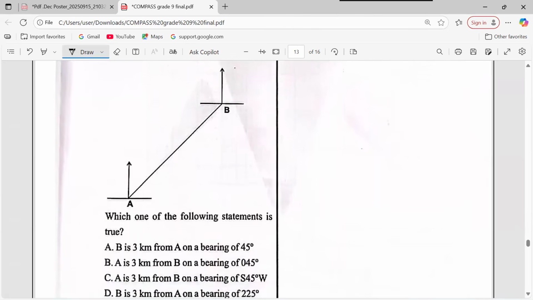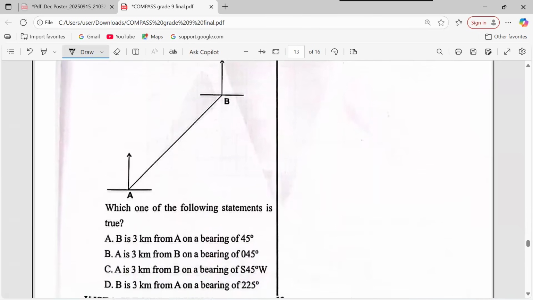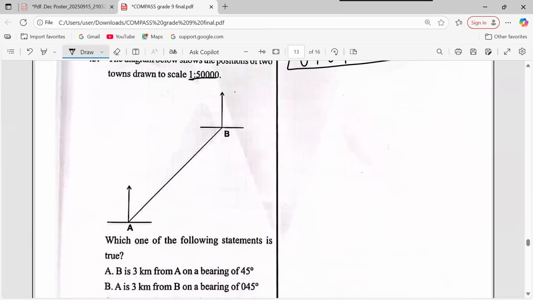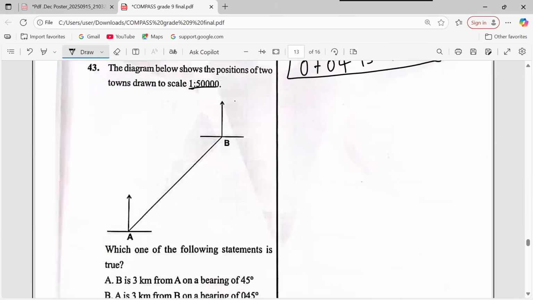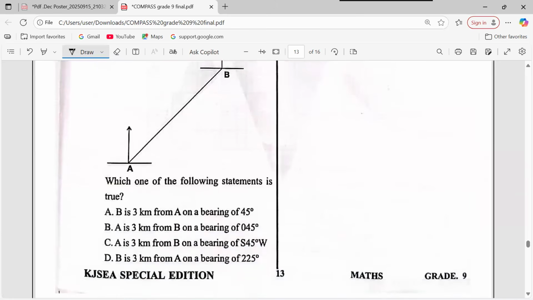And therefore, in just a minute, we'll be able to talk about this angle first, which is exactly 45 degrees.